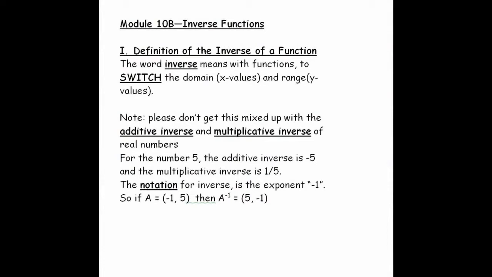So the x value, -1, is now the y value, and the y value, 5, is now the x value. So if I give you the point (-1, 5), and I ask you for its inverse, it is (5, -1). That's all the word means in graph land. Inverse means switch the domain and range.